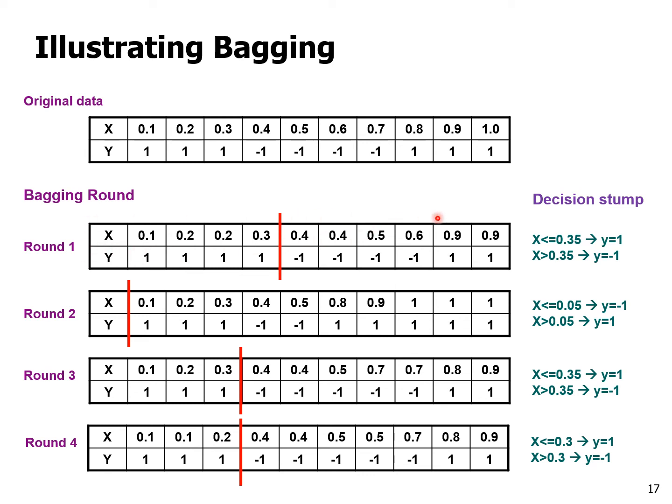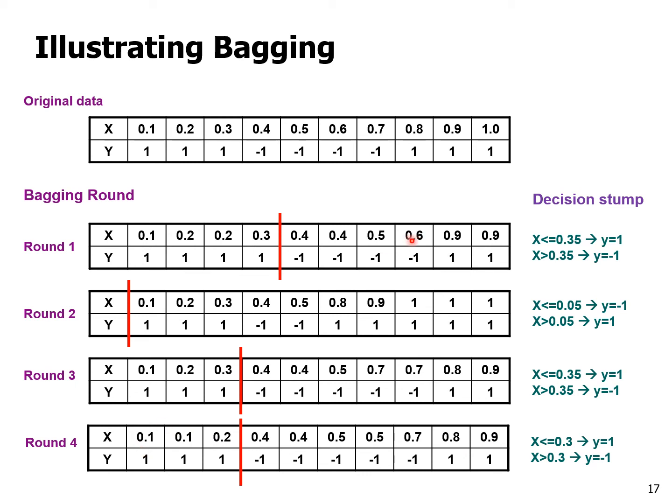Anyway, this is the first sample using bagging, and this is another bagging sample, round 2, and this is the result of the second sample. In a similar way, we have round 3, round 4.